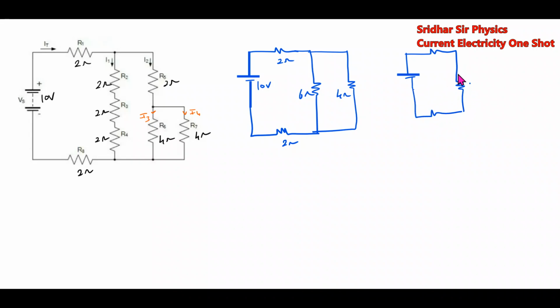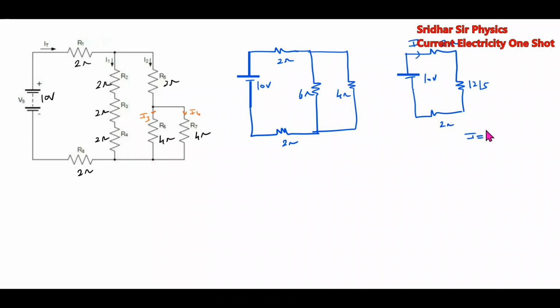6 4, this will be 24 by 10, 2.4 ohm, 24 by 10 or 12 by 5. This is 2 ohm, 2 ohm, and this is 10 volt. I think we can calculate the total current.